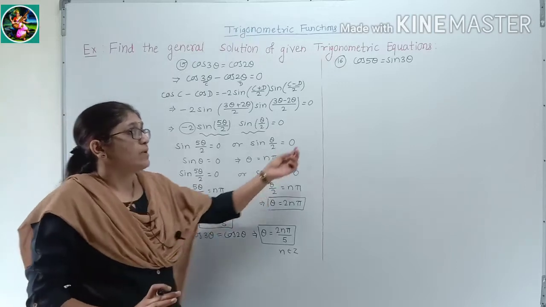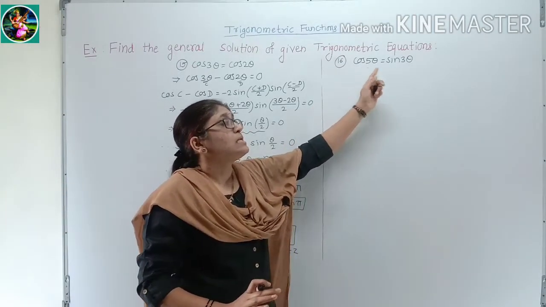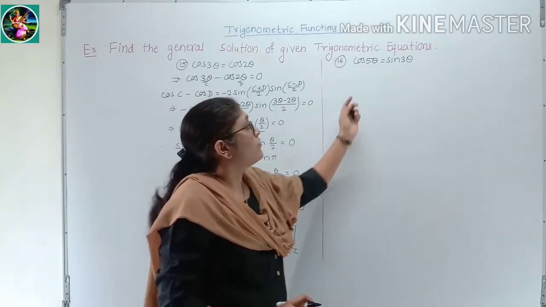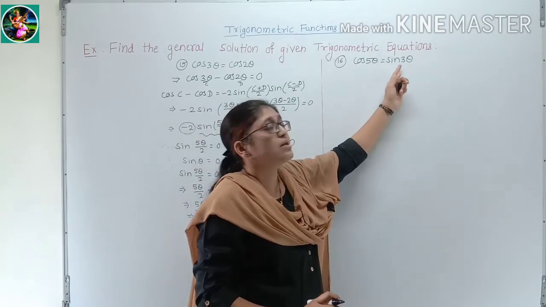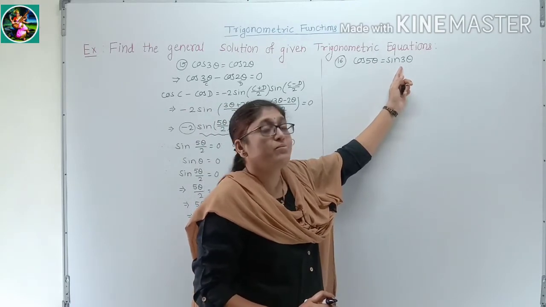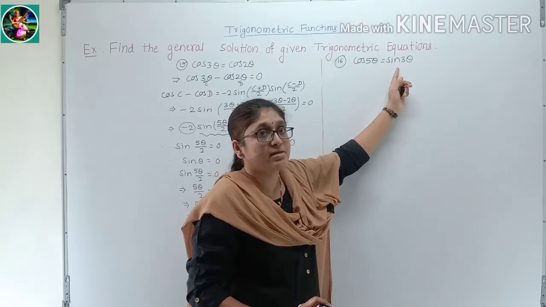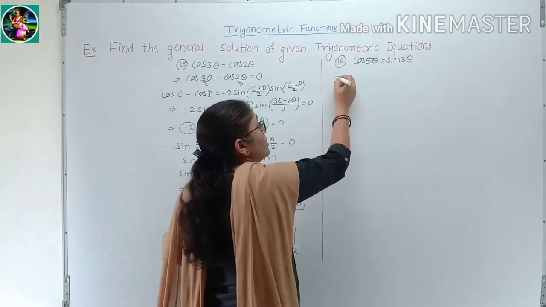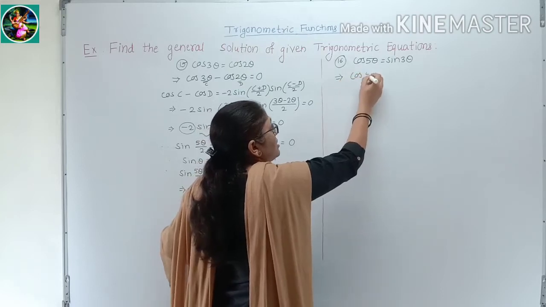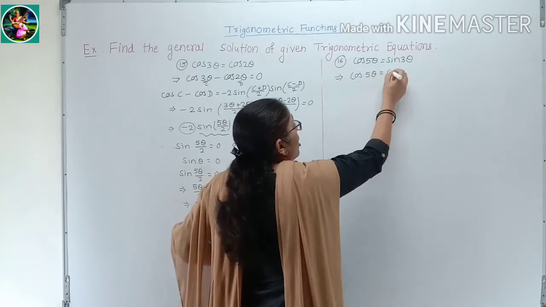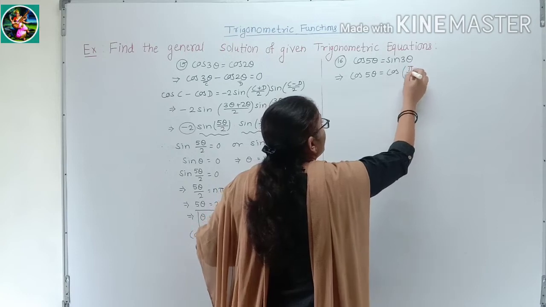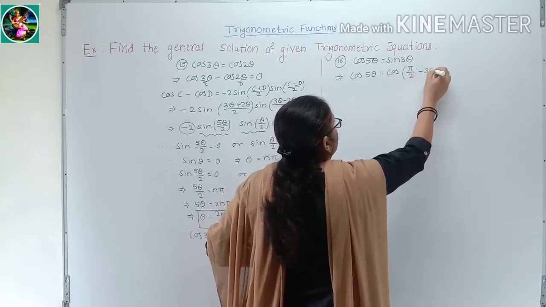In a similar way, we will solve the next trigonometric equation, that is cos of 5 theta is equal to sin of 3 theta. Here we use allied angle in the right hand side. Therefore, it will give cos of 5 theta is equal to cos of pi by 2 minus 3 theta.